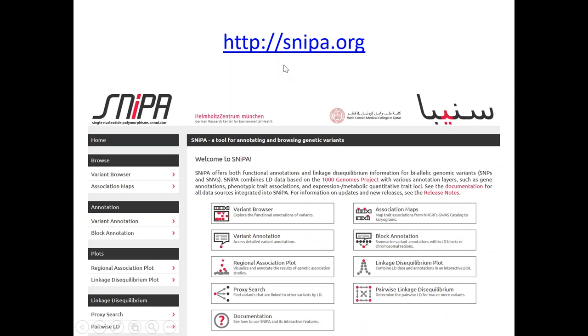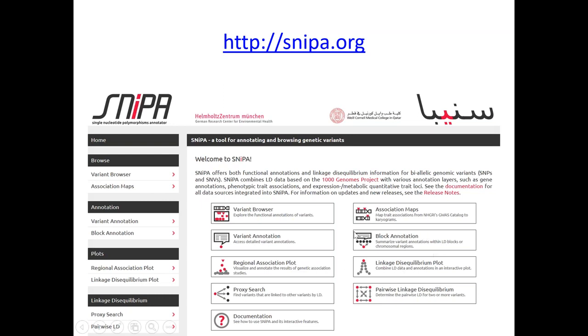Another server we have is snipper.org. This server also contains the GWAS data from the metabolomics, but in addition, it has a connection with the GWAS catalog, with ENCODE, Roadmap, and GTEx, and it integrates all the information that we have on a deep molecular phenotyping level onto a variant which you would use to query it, and extends the information through linkage, through correlation between SNPs, to entire blocks.